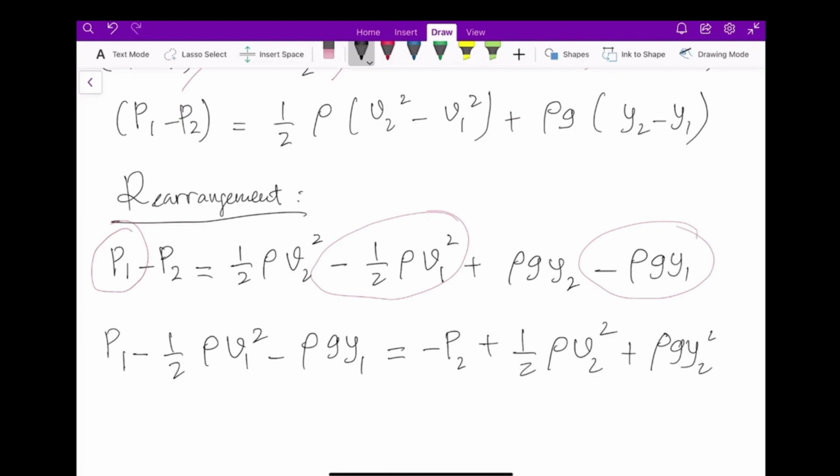Anyone spot any mistake? Shouldn't it be plus? This one should be plus, right? Yes, and this one should be plus. Yes, that's right. And then, is there anything else? Oh, this one. Yes. Is that correct now?